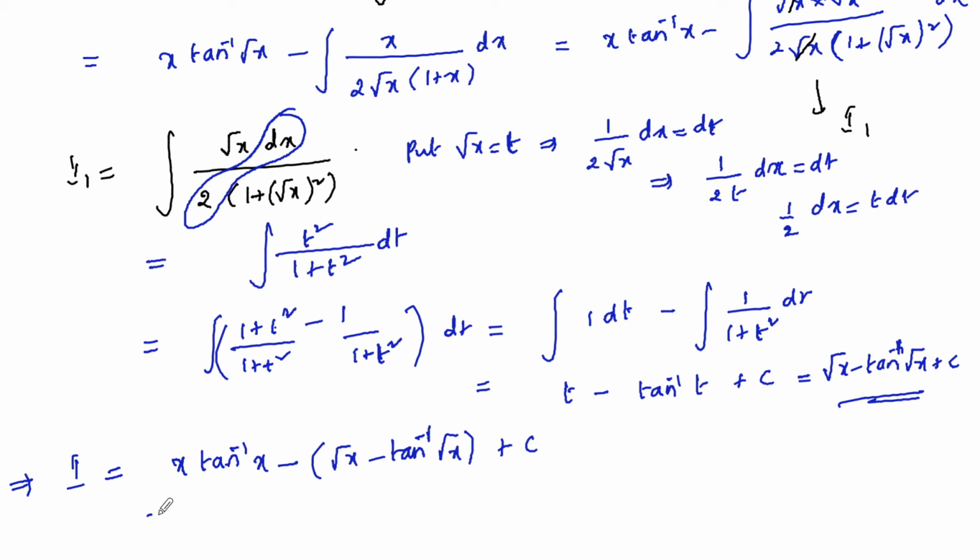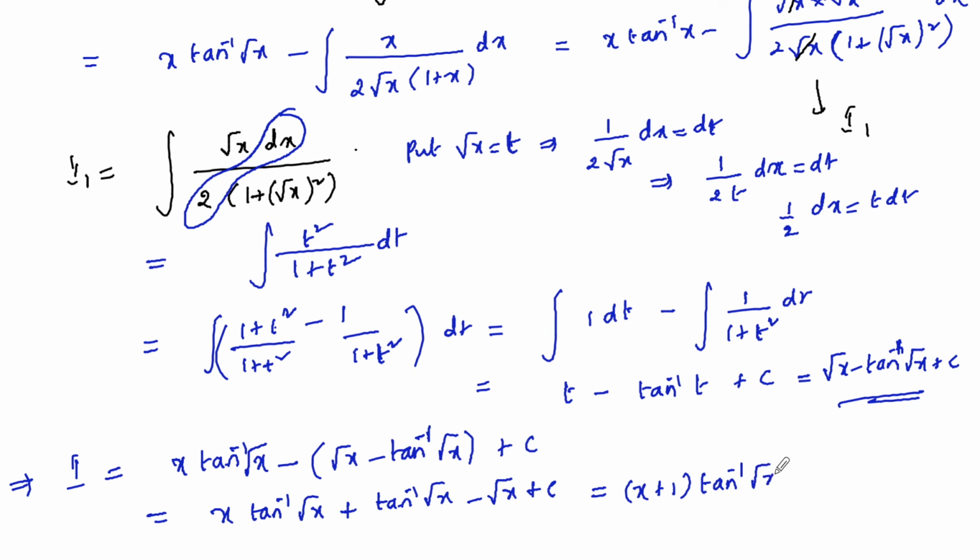So which equals x tan inverse root x and again plus tan inverse root x minus root x plus c, or we can take out common tan inverse root x, so we can get x plus 1 of tan inverse root x minus root x plus c is the answer.